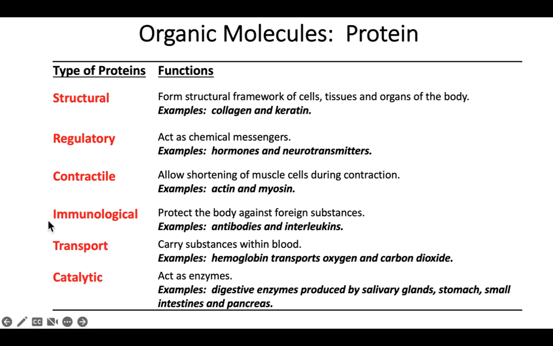They can transport. Again, hemoglobin is a protein that transports oxygen and carbon dioxide in your blood. And then they can be what's called catalytic. That means they're enzymes. Maybe they're digesting your food, so digestive enzymes. They could be cellular enzymes, all kinds of things. So proteins do a lot for you.